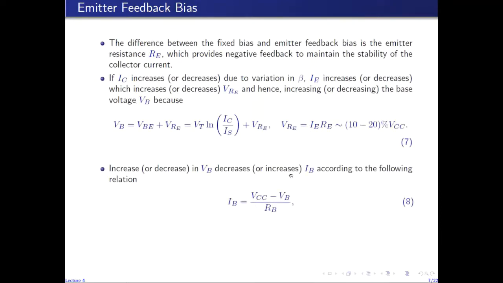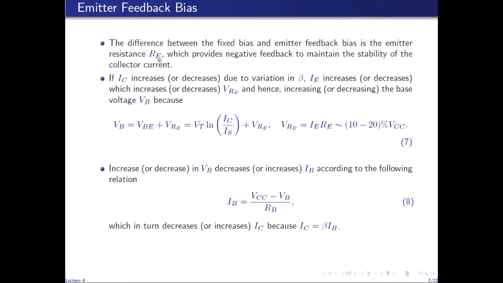So when VB increases, IB decreases. When IB decreases, then IC, because it's related to IB through beta, IC will decrease. So the increase in IC will be countered by the increase in voltage VRE, which will eventually increase VB and decrease IB and decrease IC.